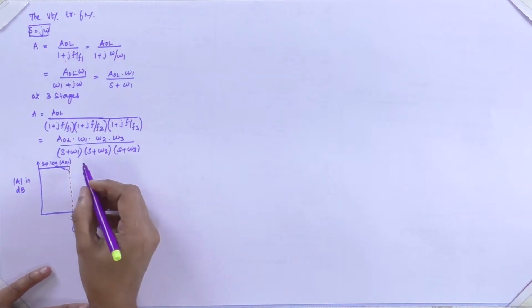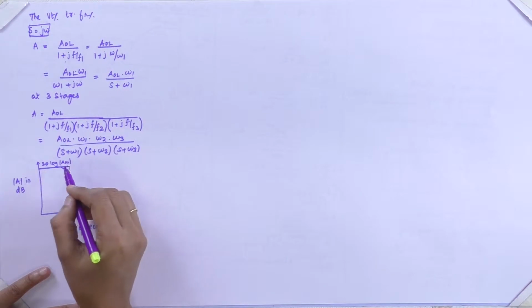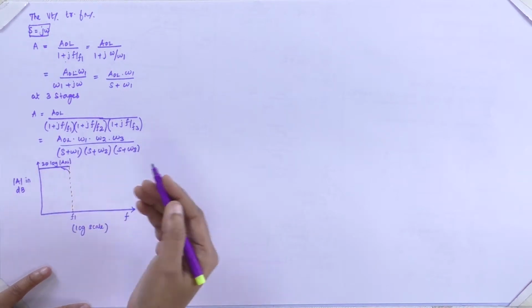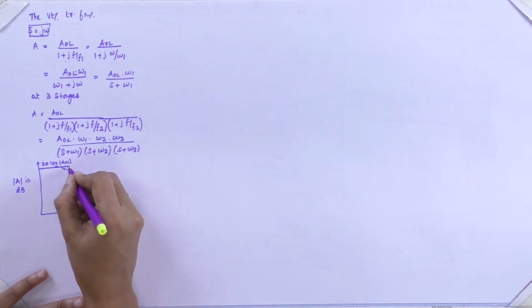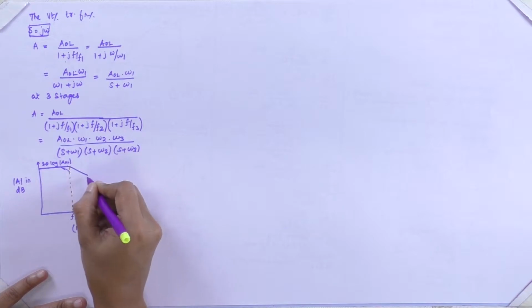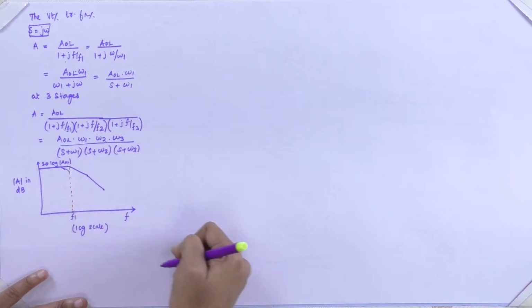Next to this condition, it uses another capacitive stage. As I already mentioned, for every capacitive component, the gain gets rolled off by 20 decibel. So in that condition, the gain gets rolled off by 20 decibel. Then again in that condition, again the gain gets rolled off by 20 decibel.